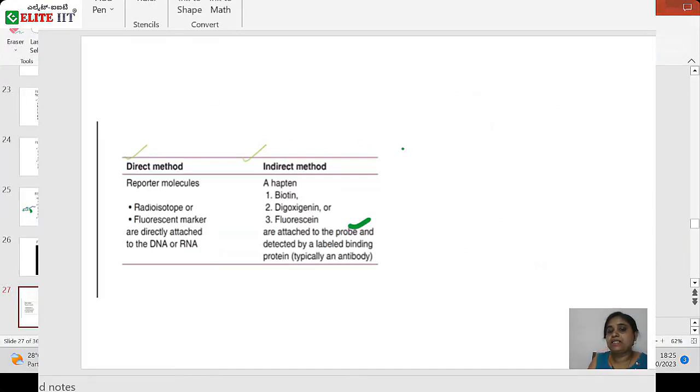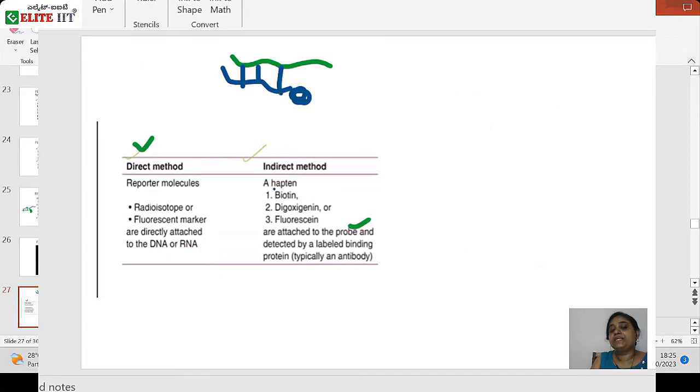Among them, I discussed the direct and indirect methods. The direct method means you just directly add a probe that is attached with the fluorescent compound. Whatever I have discussed till now is the direct method. That means a fluorescent or radioactive compound is directly attached with the probe and we observe the hybridized molecule.